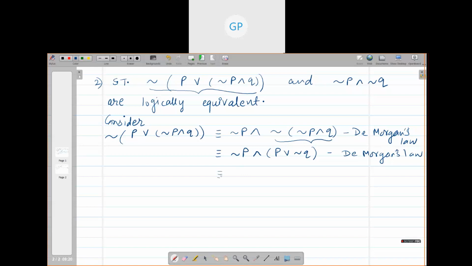What is the next step? Distributive law. Okay.